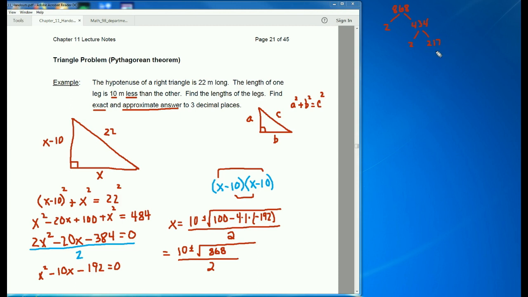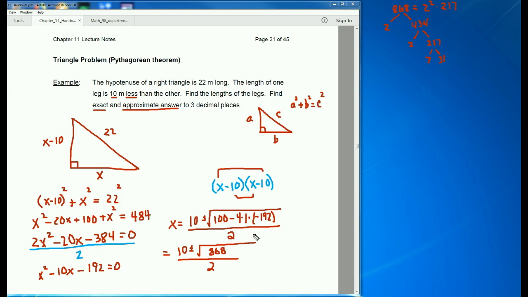It's actually not. 217 happens to be 7 times 31. So these are all the prime factors. 31 is prime. So in other words, 868 equals 2 squared, so there is a square under there, times 7 times 31, which is 217.